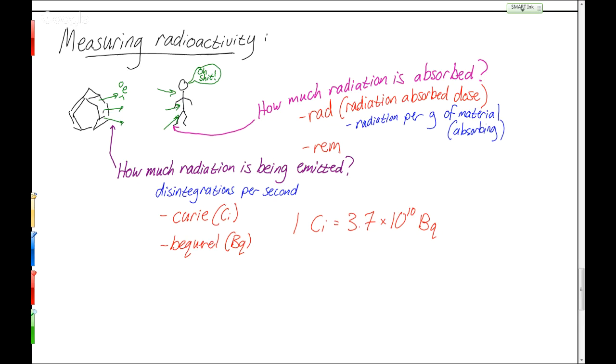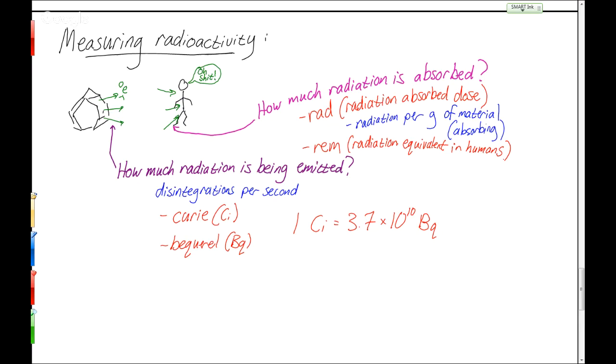And the rem is actually the same unit as the rad, but with a correction factor for humans. So rem stands for radiation equivalent in humans.